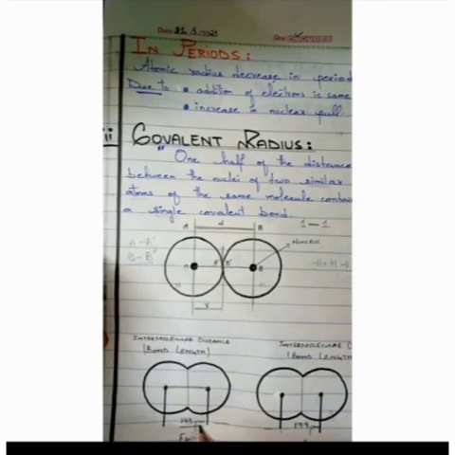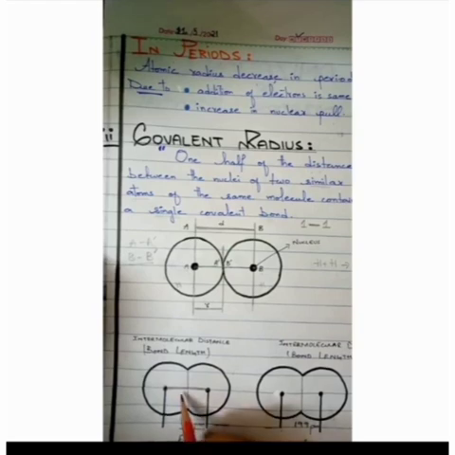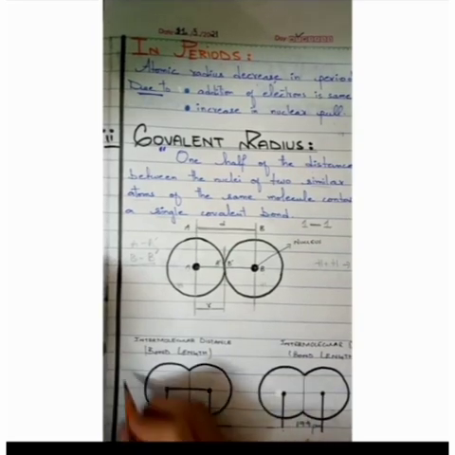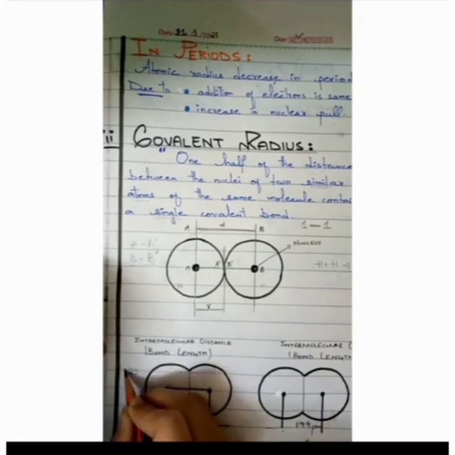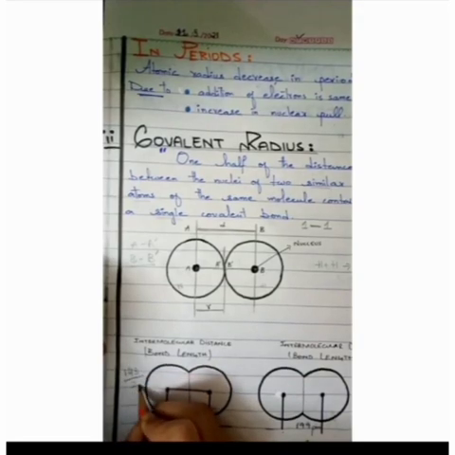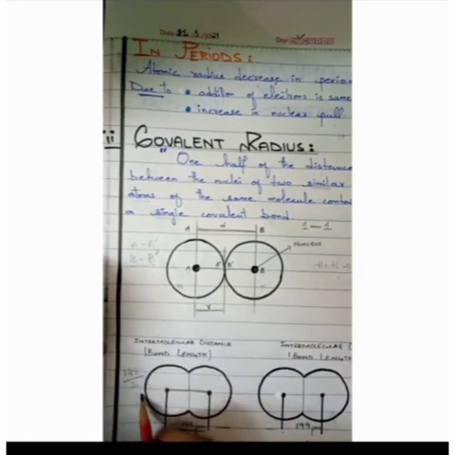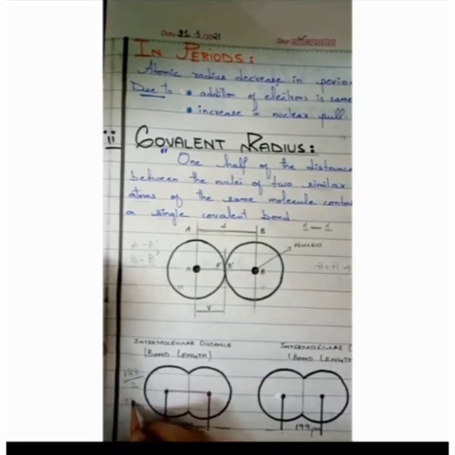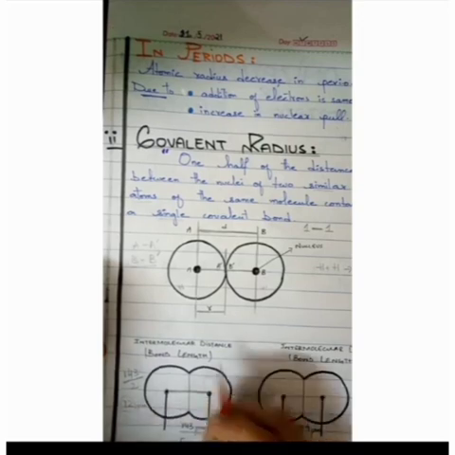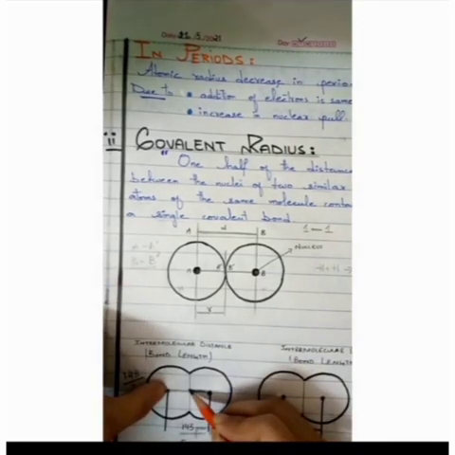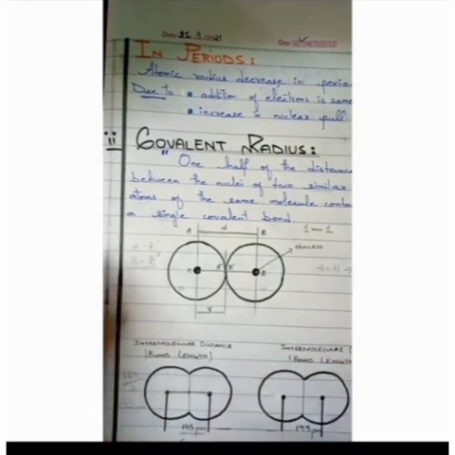To find the covalent radius of fluorine, we divide 143 by 2, so we get a covalent radius of 72 picometer, which is the 1/2 of the distance between the nuclei.